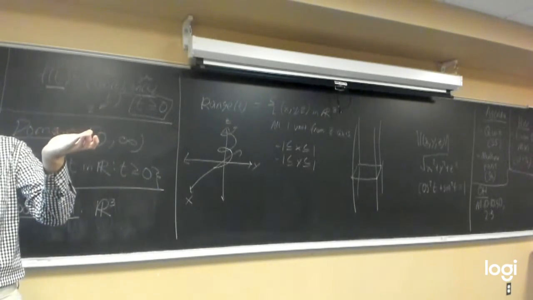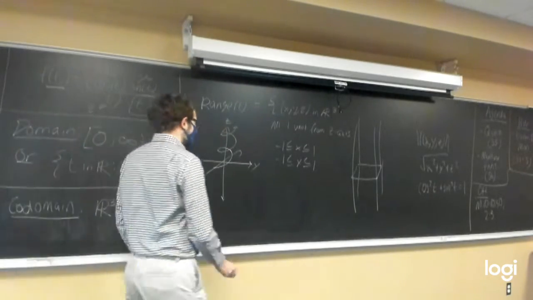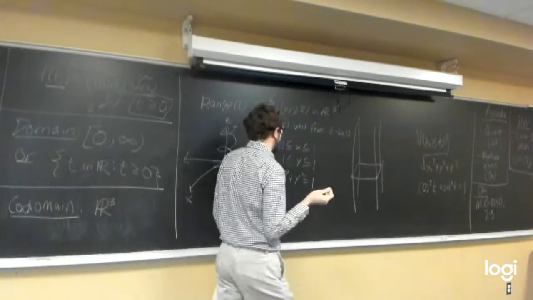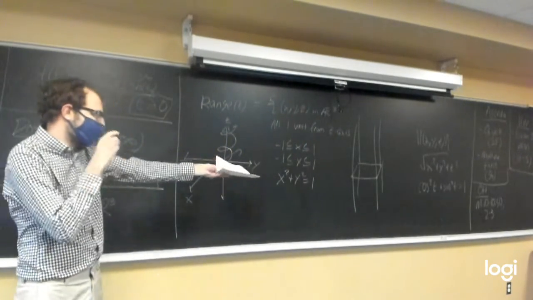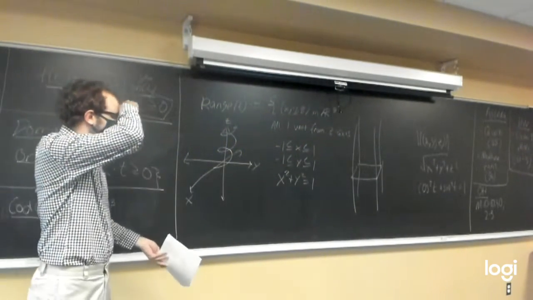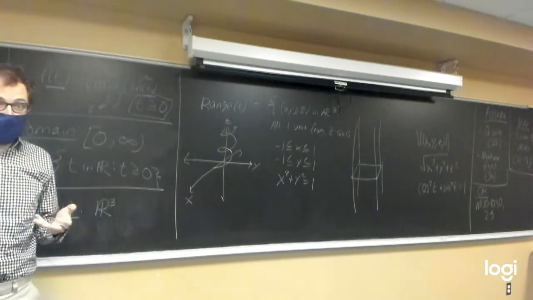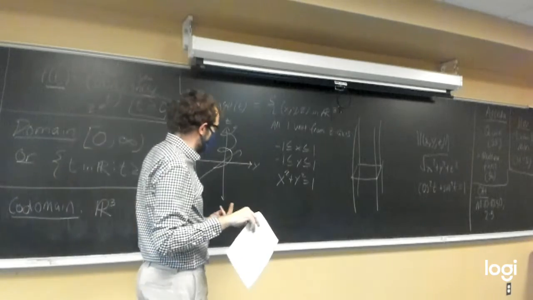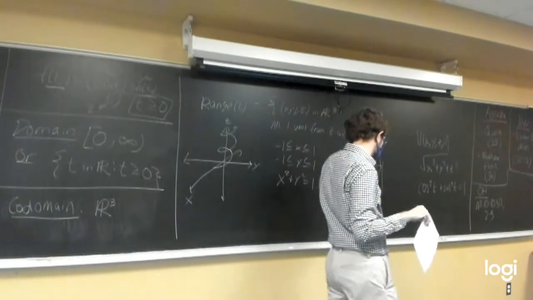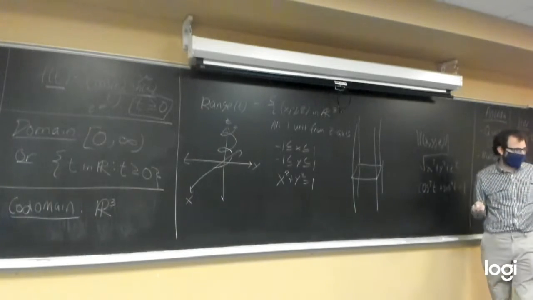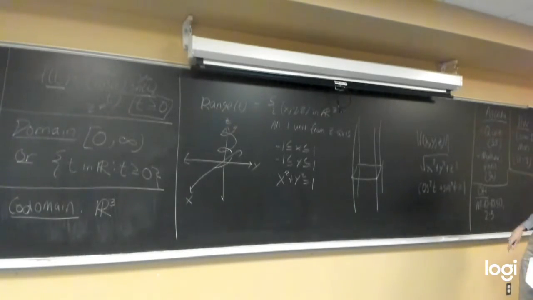Yeah, you could write that as x squared plus y squared is equal to 1. Because if x is cosine of t and y is sine of t, then x squared plus y squared should just be cosine squared plus sine squared, which would in fact give us 1. So that tells us a nice condition: whatever x and y are, x squared plus y squared is equal to 1.